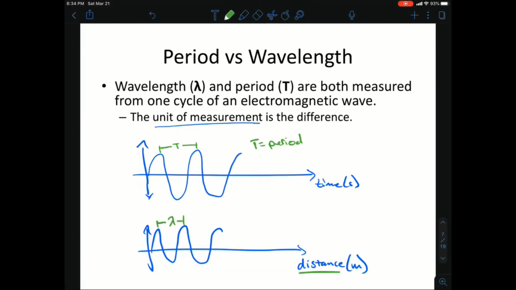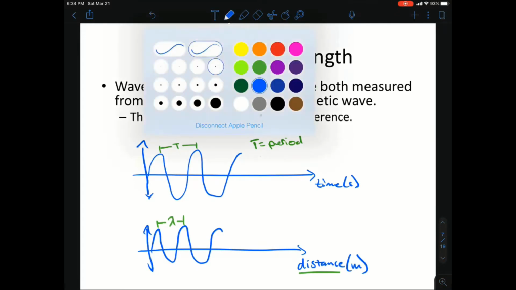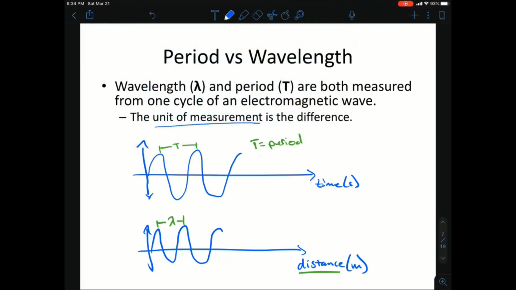So the key things about these is these allow us to do a few different things. We can convert using period and wavelength to find frequency. So the relationship for period is frequency equals 1 over time.